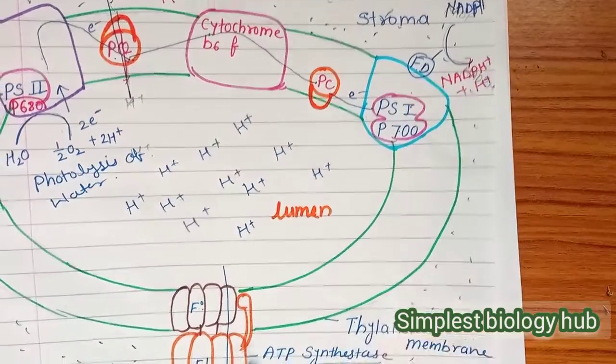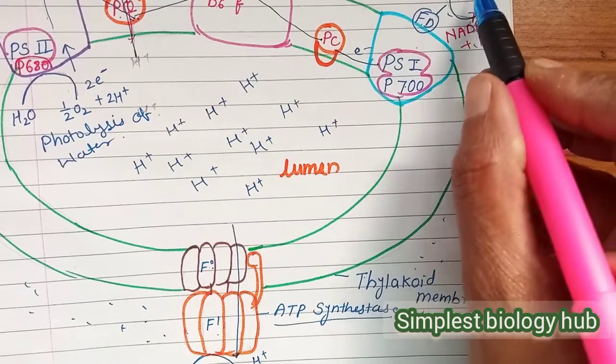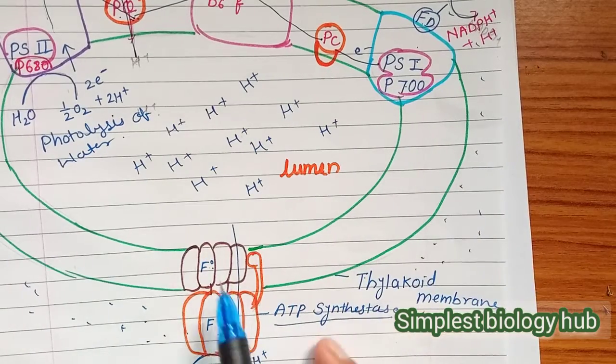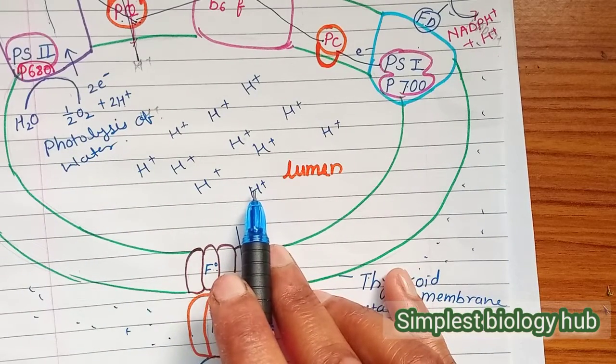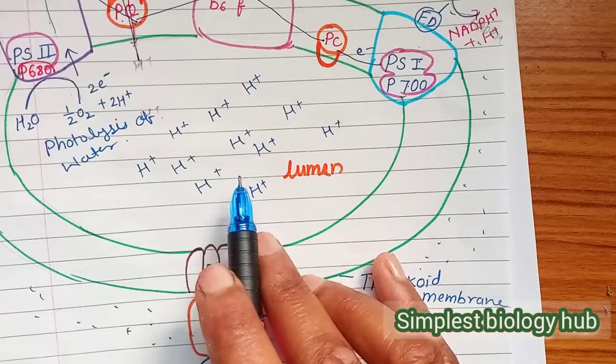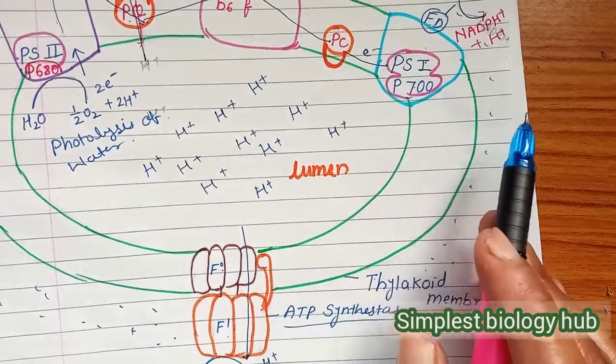So the ATP and NADH2 formation actually takes place outside the thylakoid membrane, while the photolysis of water and the concentration of hydrogen ions inside the membrane are maintained by the light reaction.